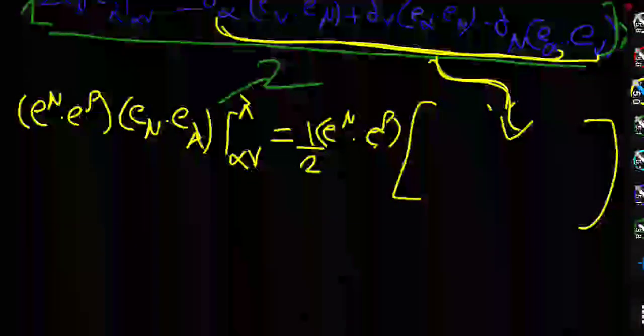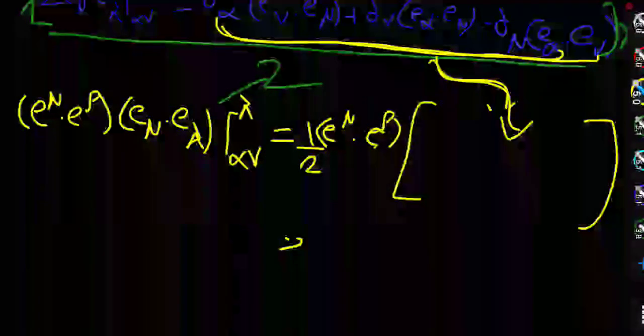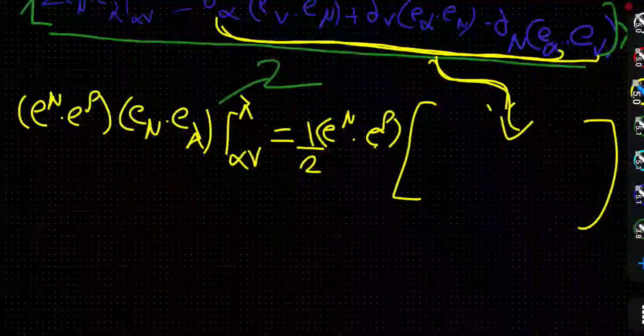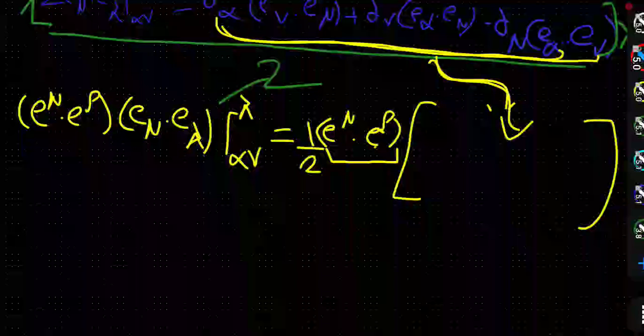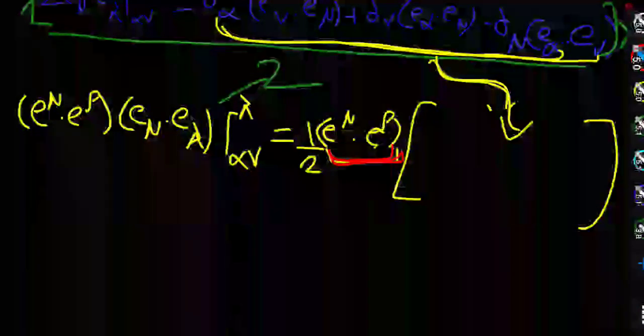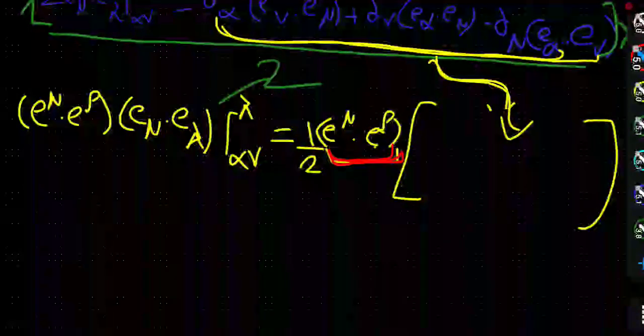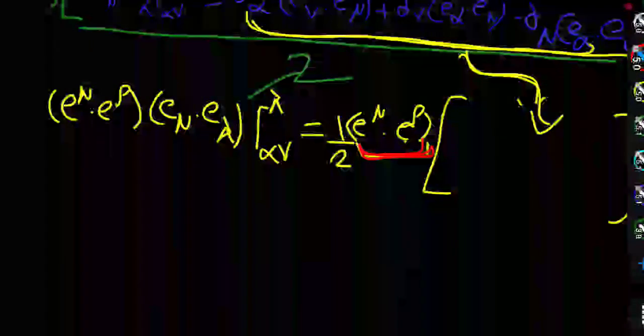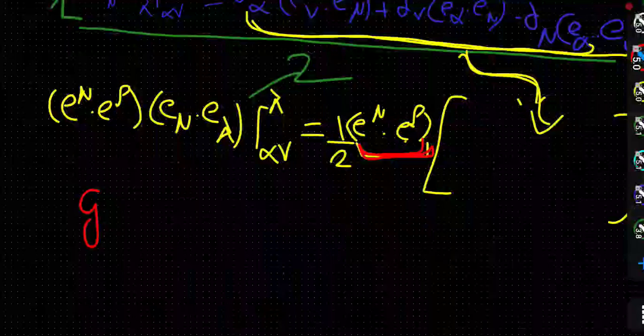After doing this, I'm going to point out something very important which is very helpful. See this term, you will know what this is if you have studied differential geometry. You know how to represent a metric tensor, let's say g mu nu.